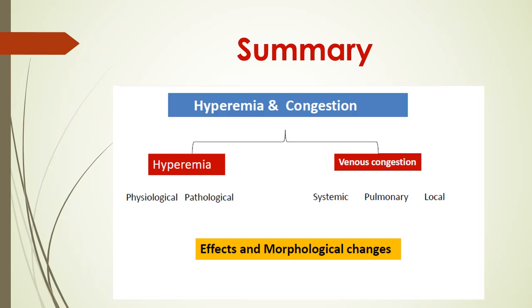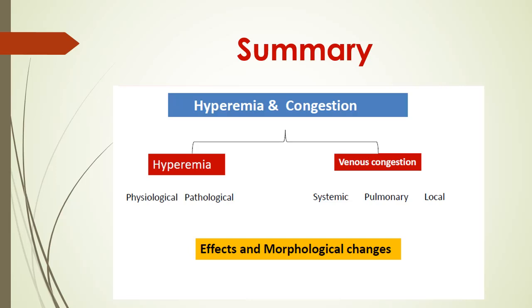Also, congestion is a passive process resulting from impaired venous return out of tissue. And venous congestion is either local, resulting from isolated venous obstruction, or systemic or pulmonary due to cardiac failure.